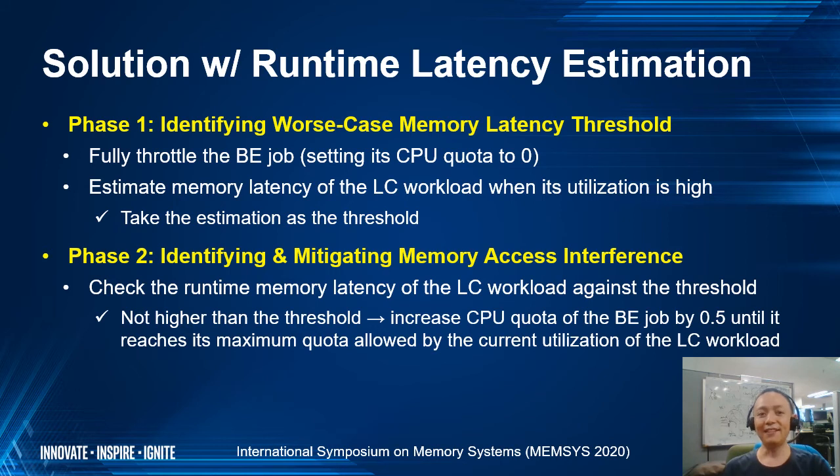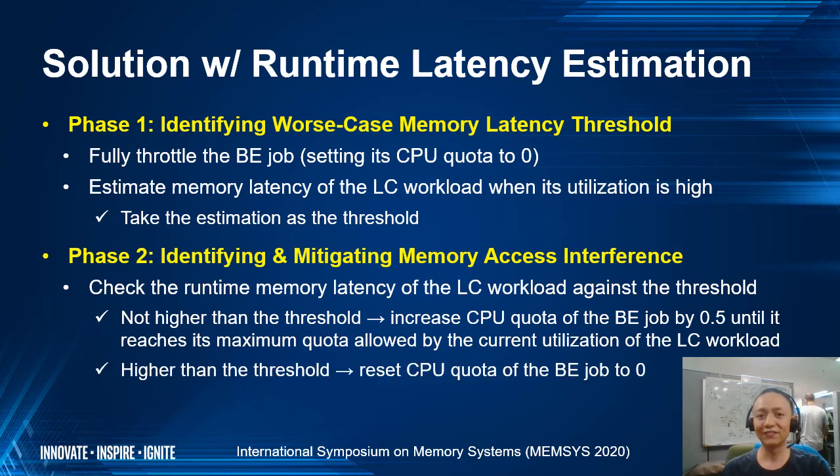If the runtime latency is not higher than the threshold, we slowly increase the CPU quota of the best effort job by a half core in each step until the quota reaches the maximum quota allowed by the current utilization of the latency critical workload. If the runtime latency is higher than the threshold, we reset the CPU quota to 0.